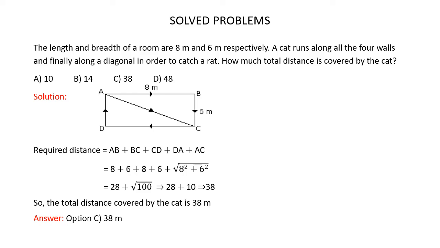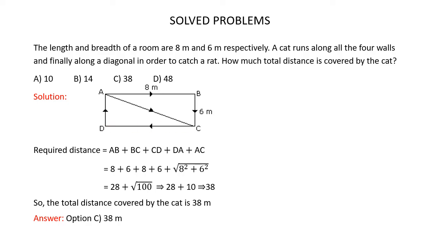Now from this diagram you can see that AC is the diagonal of the right angle triangle ADC. So from Pythagoras theorem, AC is equal to square root of DA squared plus DC squared.